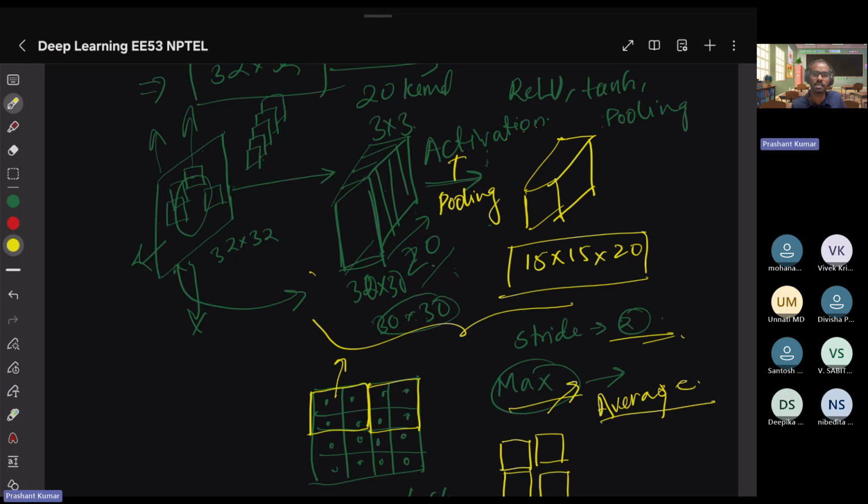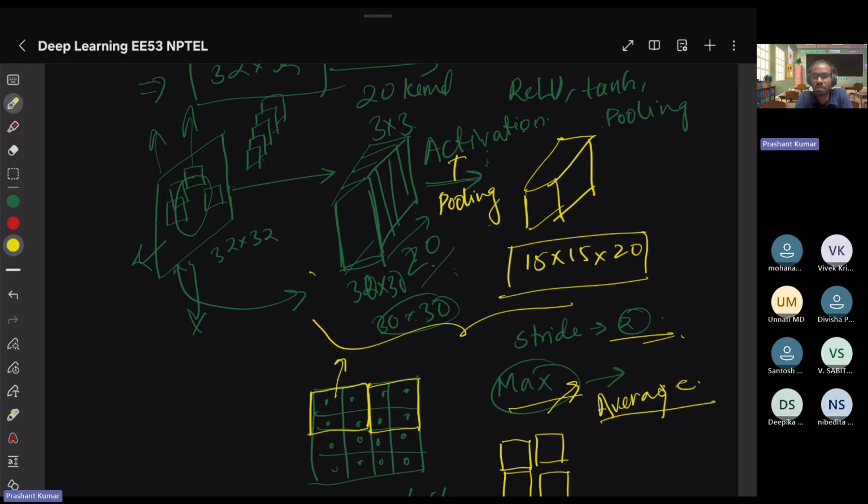Yes, Nivedita. Question? Yes, sir. Good evening, sir. Sir, how many strides can we take? Generally, in the literature, in the pooling, I have seen people mainly take 2 by 2. However, you can take different ones.